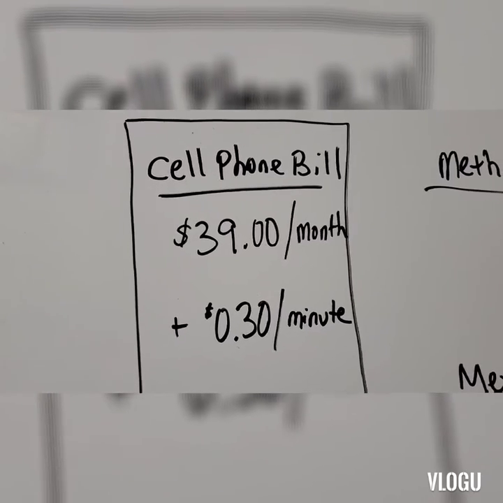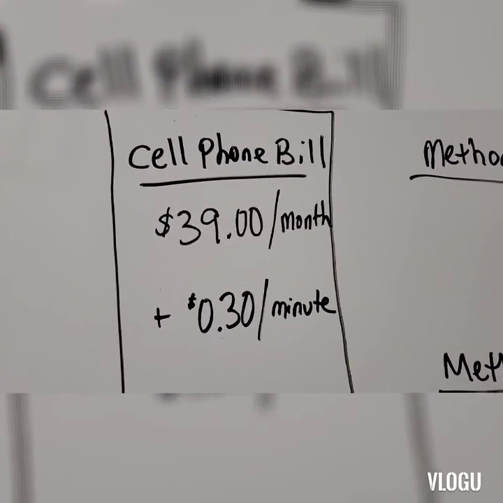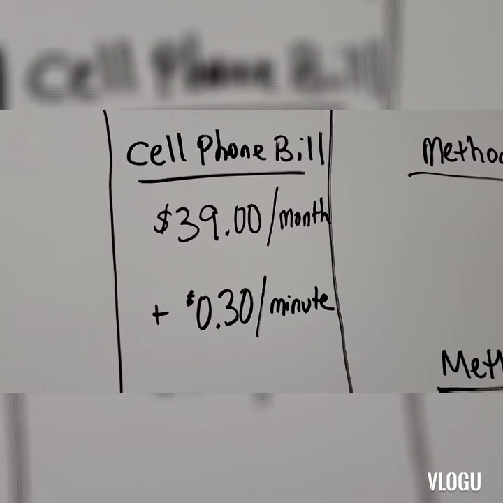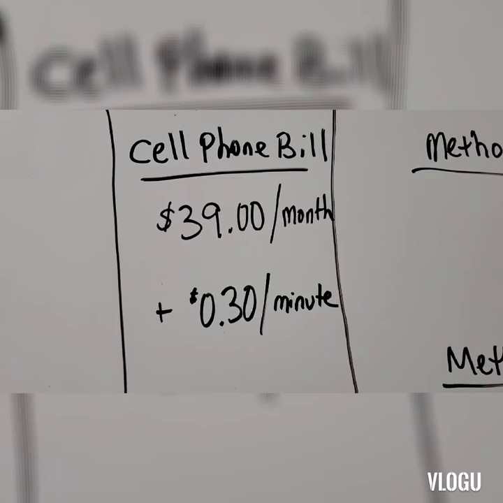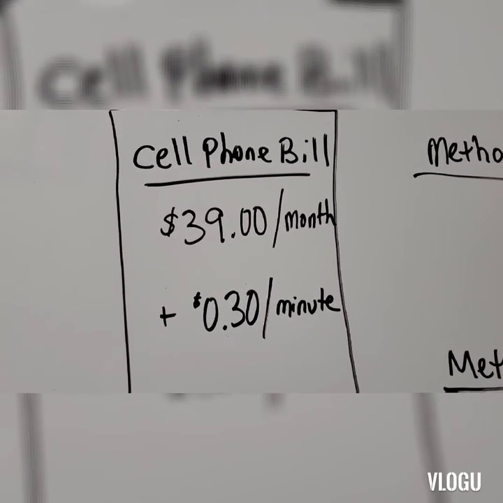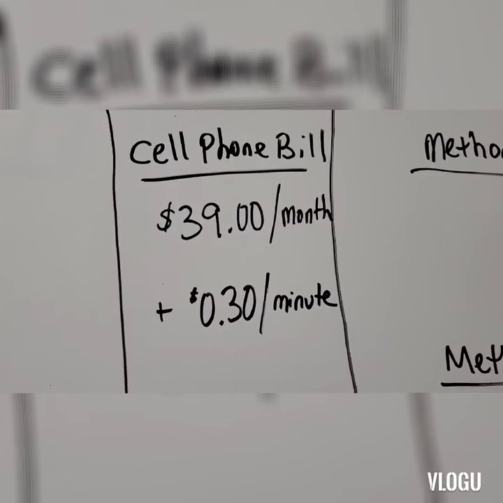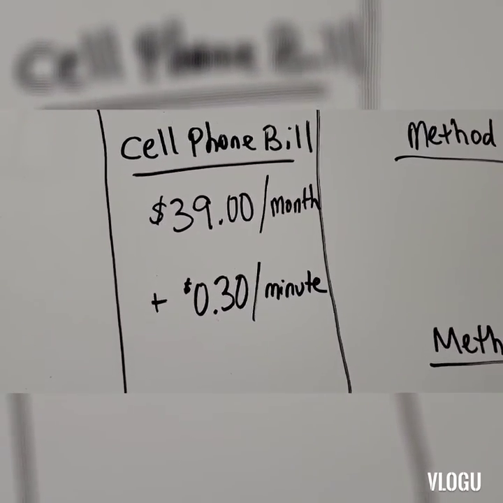The bill for the phone is $39 a month. You get some free minutes. Doesn't matter how many free minutes. That's not part of the problem. But you are charged 30 cents a minute for any extra minutes.